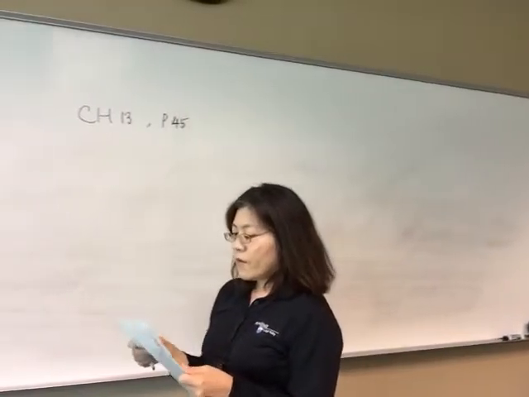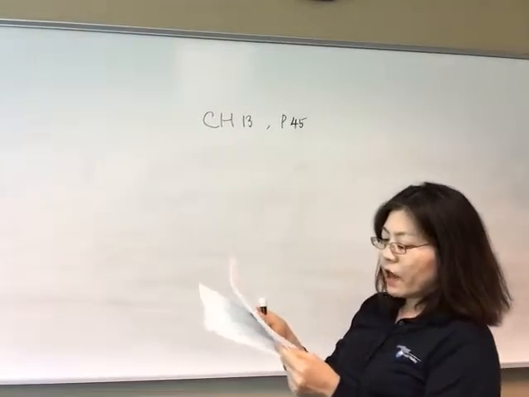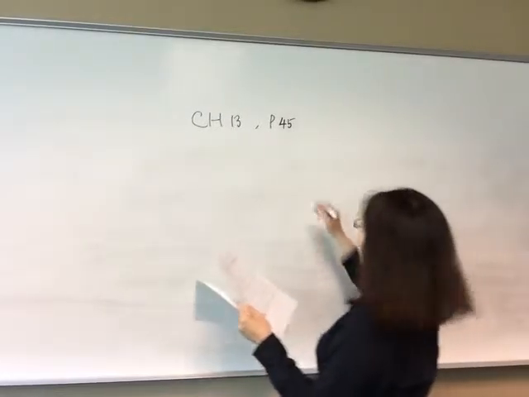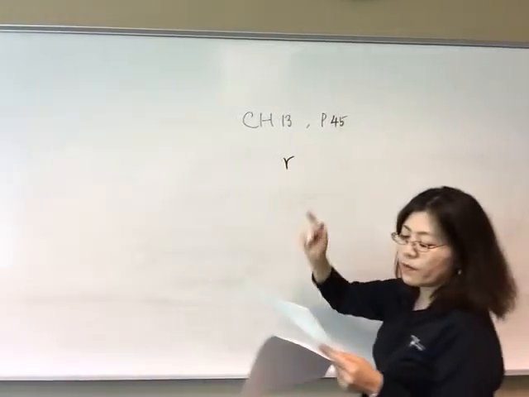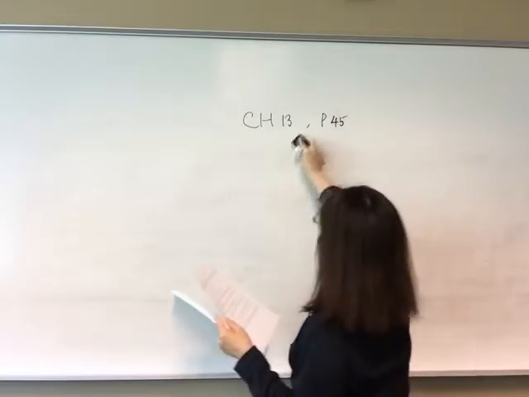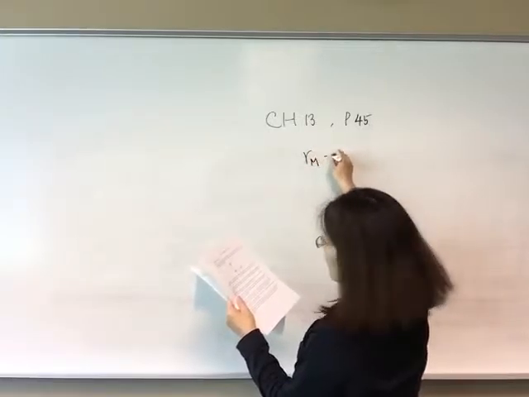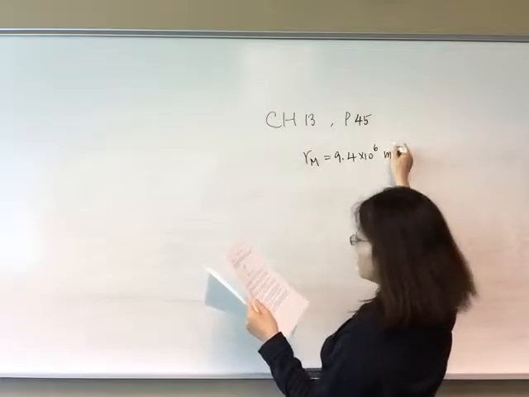All right, problem 45. A Martian satellite Phobos travels in an approximately circular orbit. So we have an object orbiting around Mars, and that's Phobos, a Martian moon, with an orbit radius of 9.4 times 10 to the 6 meters.